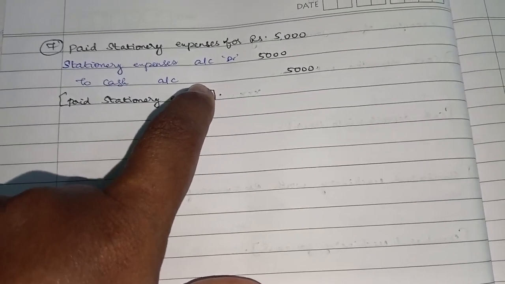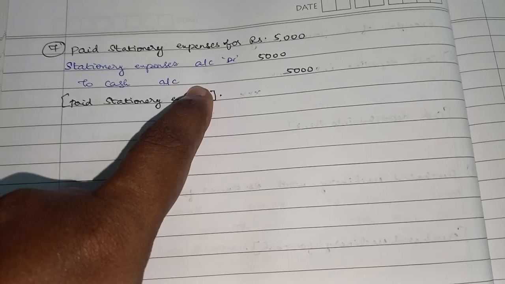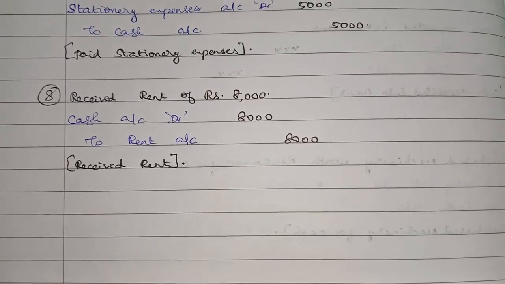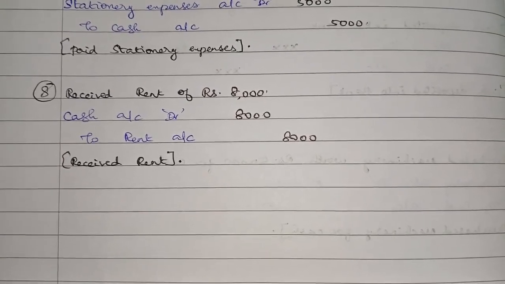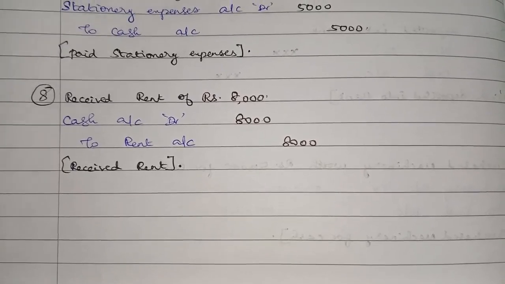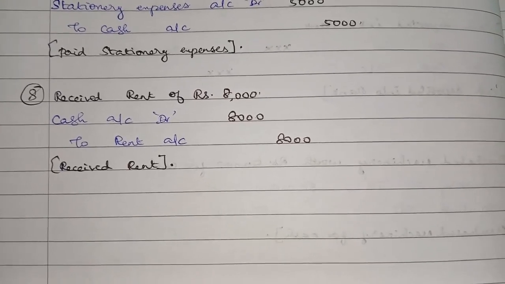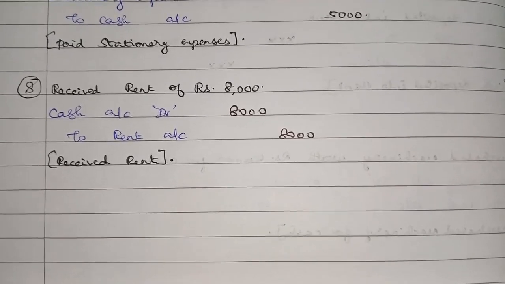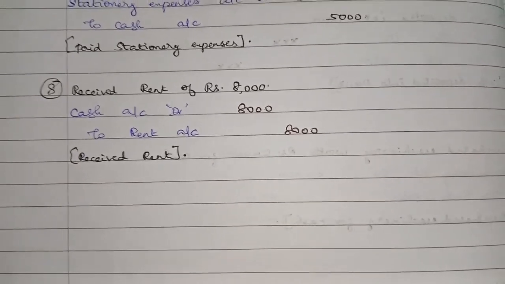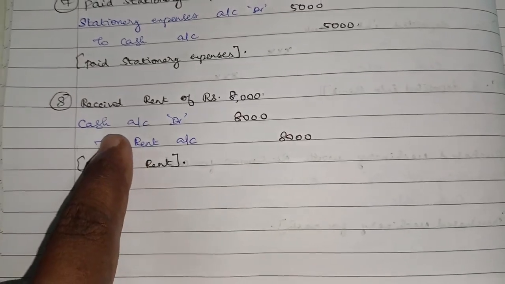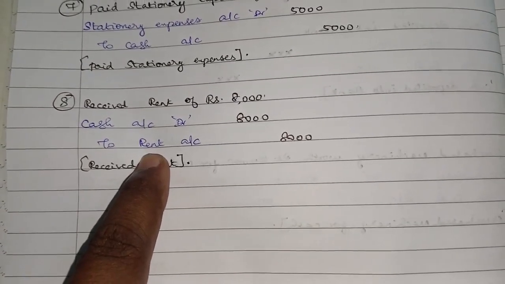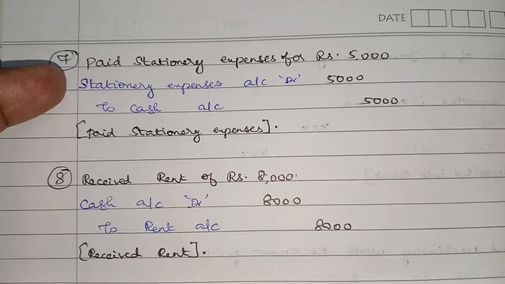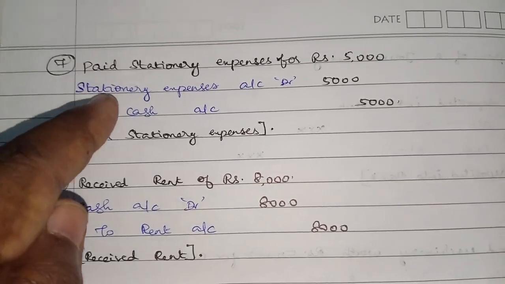Suppose it is an income, for example, received rent. If it is talking about income, say for example received rent, here rent we have received. So it is an income. Cash is coming inside. So cash account debit to rent account. So when we are talking about expenses, debit all the expenses and losses.